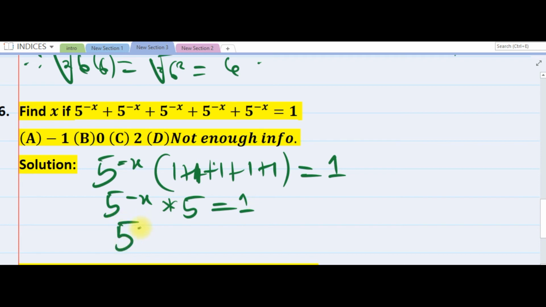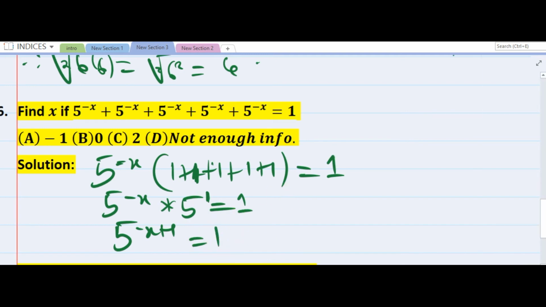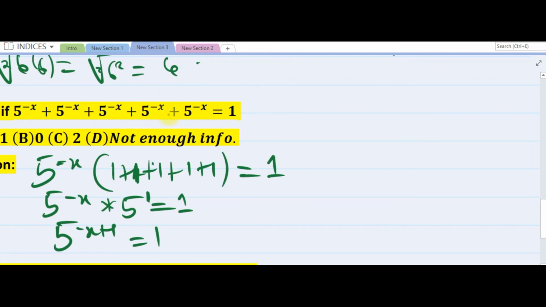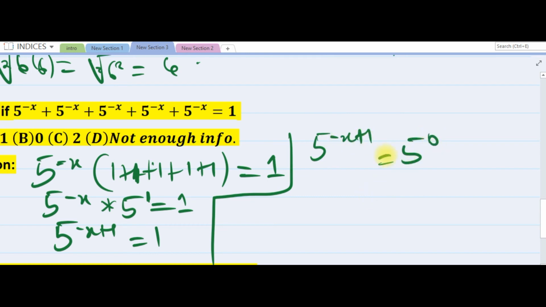And this is 5 raised to minus x plus 1, because the power here is 1, equals 1. And we know that we can write 1 as 5 raised to power 0, because we're trying to compare. For the answer to be correct, the bases are the same, which implies that the powers must be the same. So x must be 1. So the answer is D.